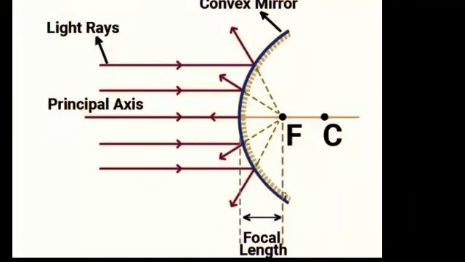A convex mirror is also called a dispersing mirror. This is because, as shown in the figure, parallel incident rays get dispersed after reflection in this mirror, and the size of the images produced by these mirrors is always smaller than the size of the objects.